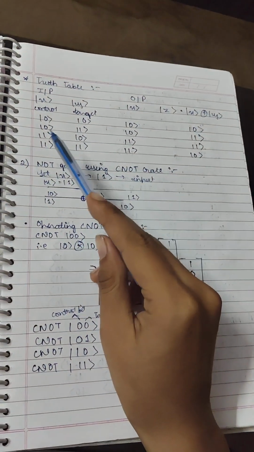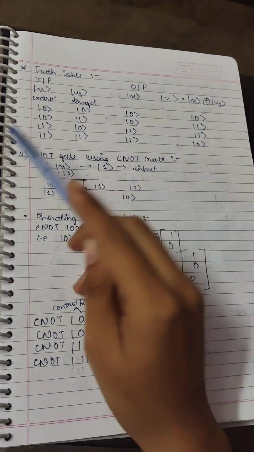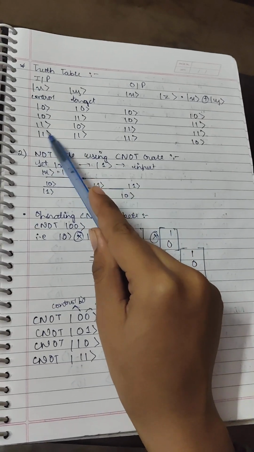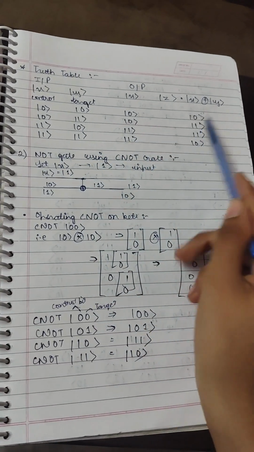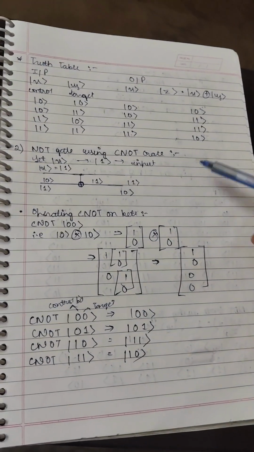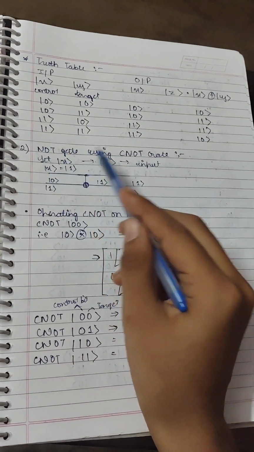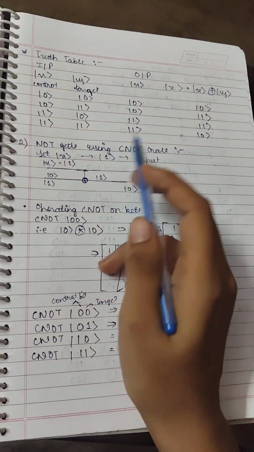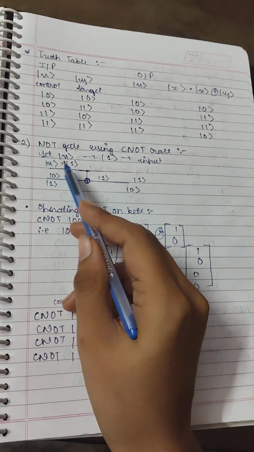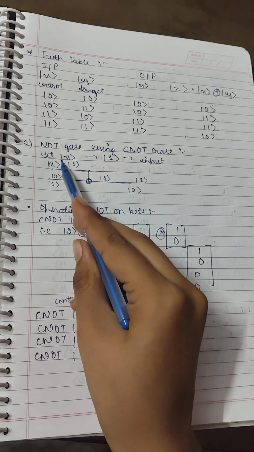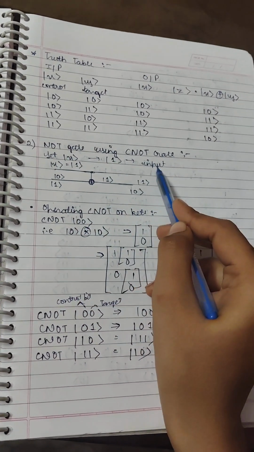Now further we can understand more about the CNOT gate. Our truth table for the CNOT gate is like this, which is control, target, and then output. And then the next thing we can understand is how a NOT gate is made using the CNOT gate. To make a NOT gate through the CNOT gate, we just set the control bit as 1, which is the input.